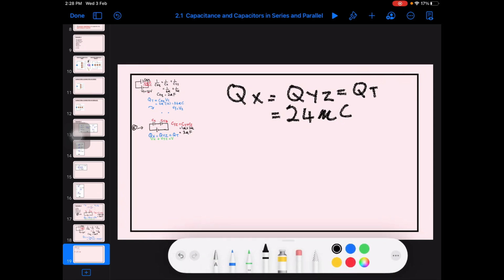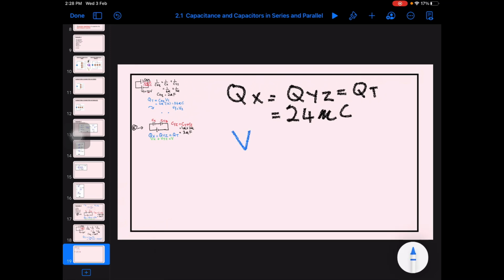So how about VX? So Vx is equals to V. How to find V? C equals to Q over V. So V equals to Q over C, QX over CX. Okay, just simple like that.